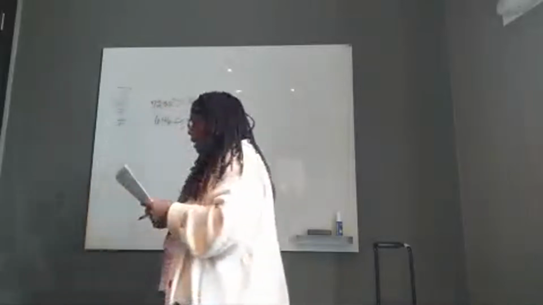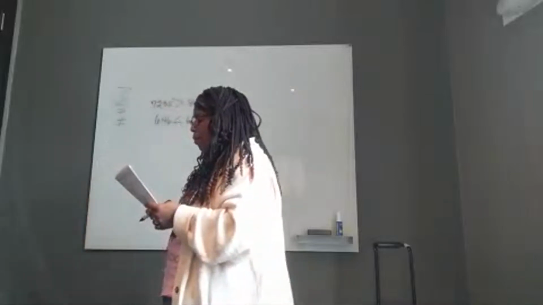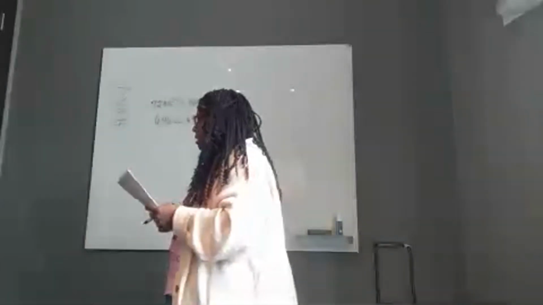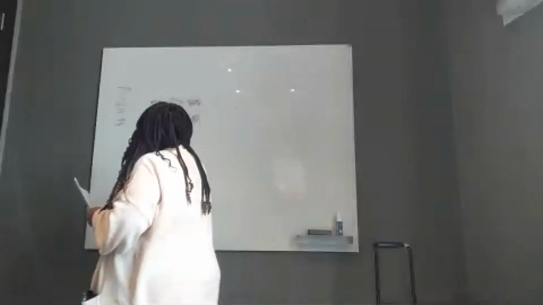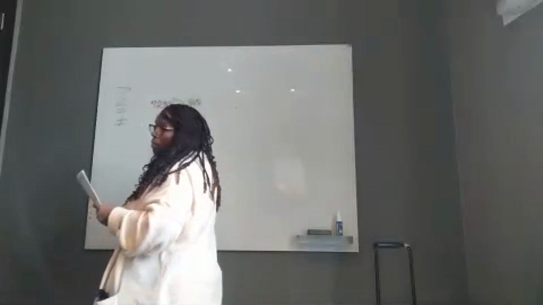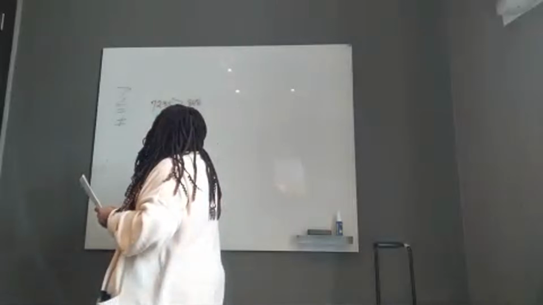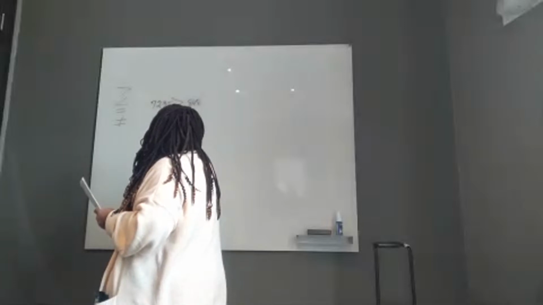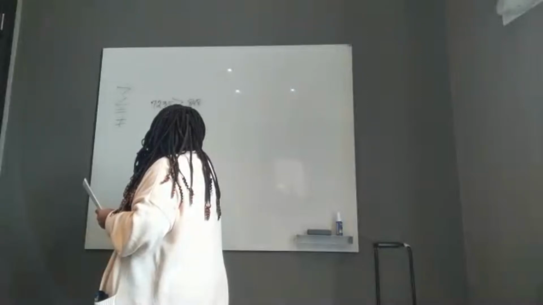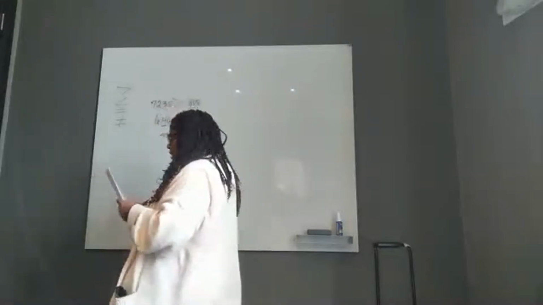Less than 690 because 40 is less than 90. This 4 is in the tens place. So if it's 4 in the tens place, that means it is 40. Understand? That makes sense.